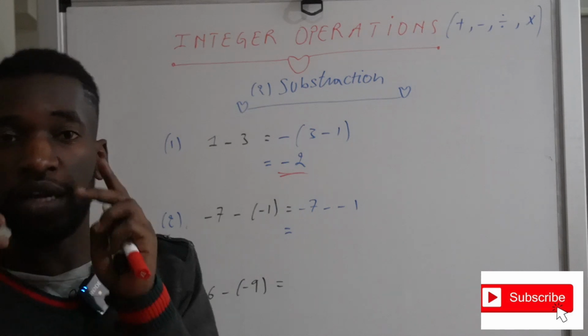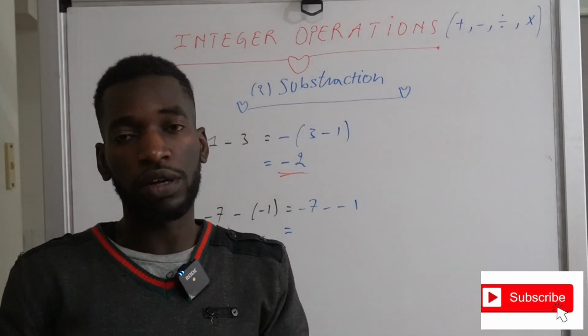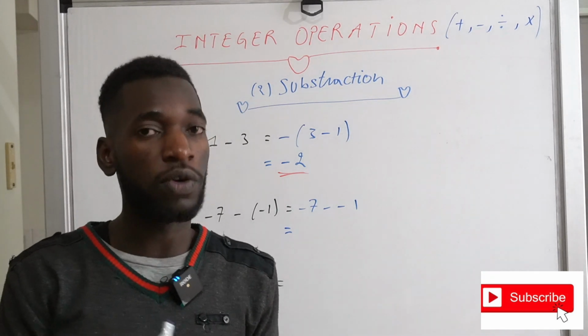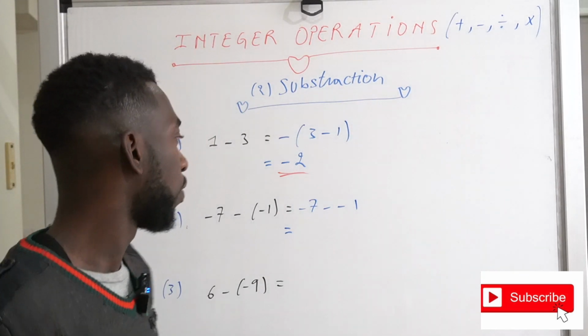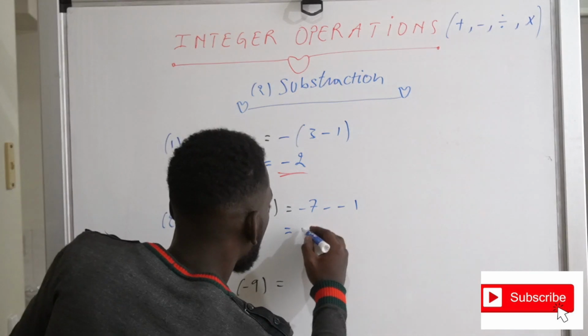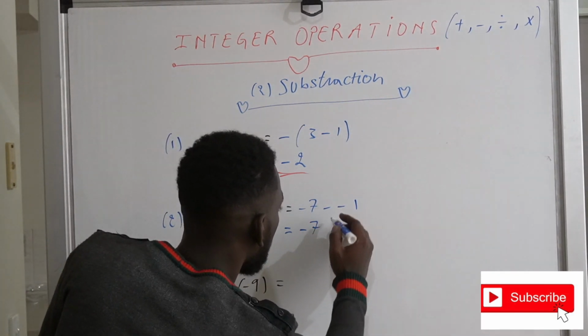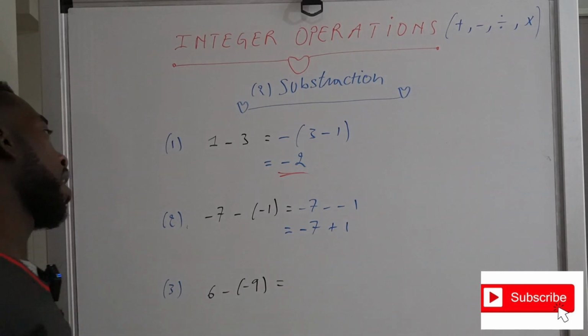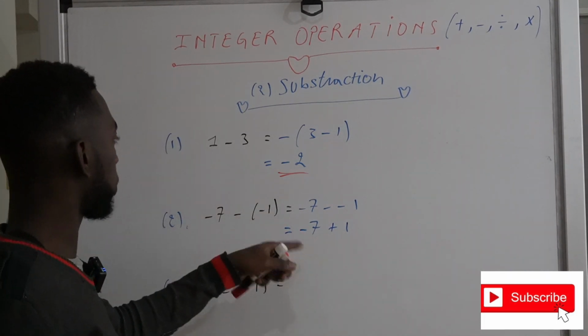Whenever two negative signs follow each other, they become positive. So here we would then have negative 7 plus 1. As I mentioned earlier, there's no difference between this and that.